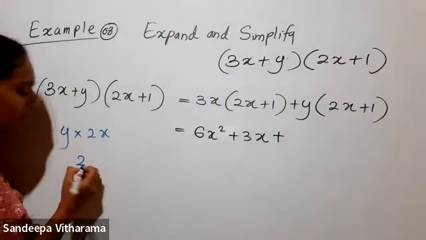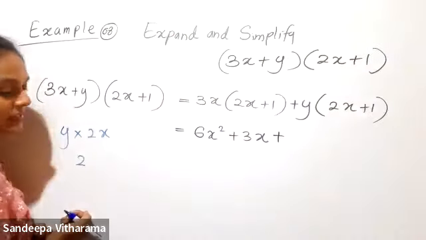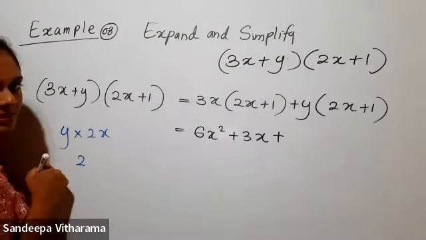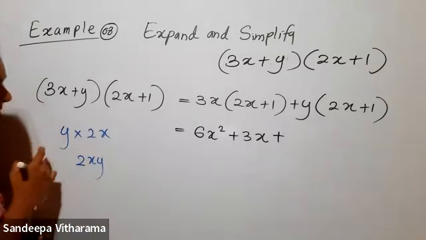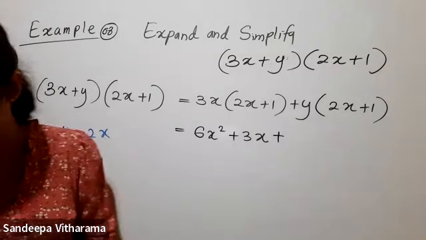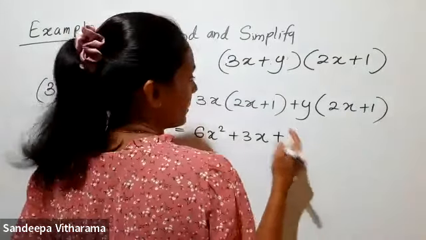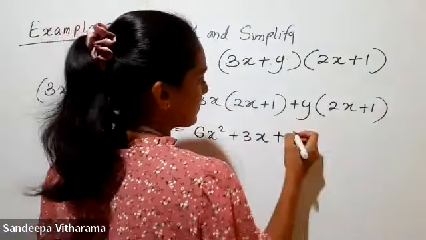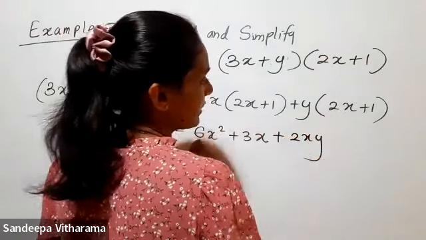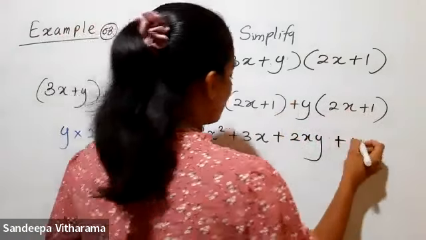We have to always give the priority for the number. Then y into x, we can write xy or yx, it doesn't matter. y into 1, it's y.